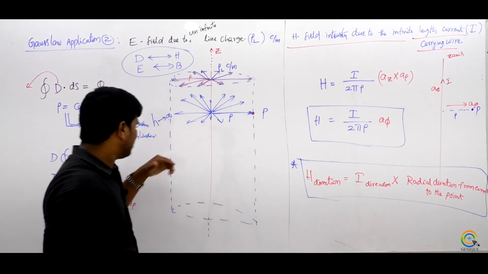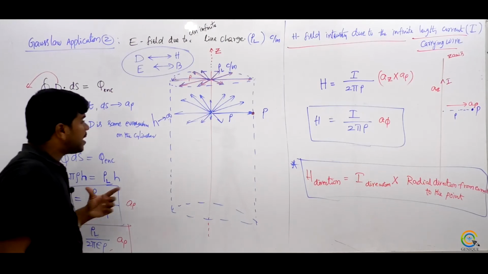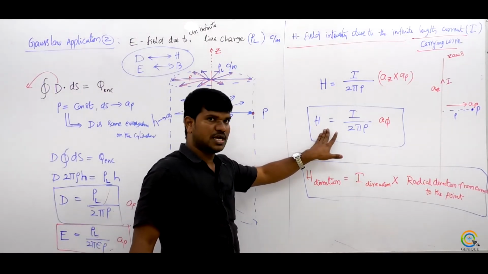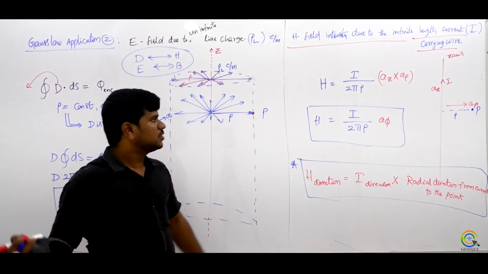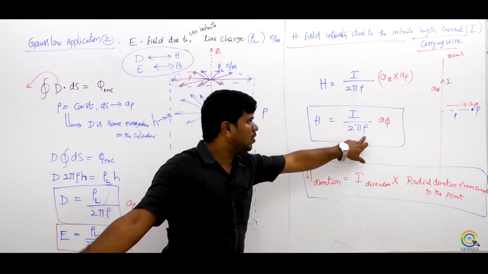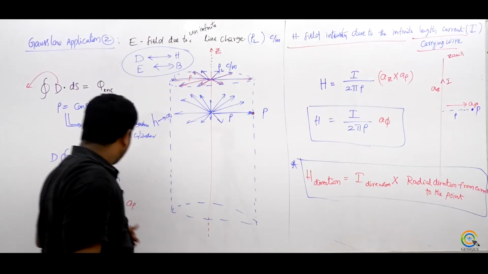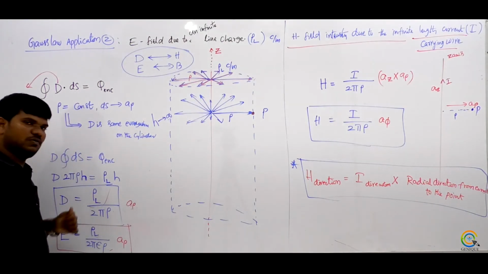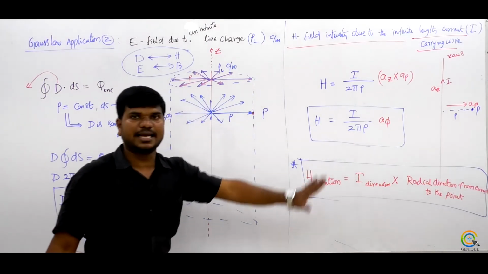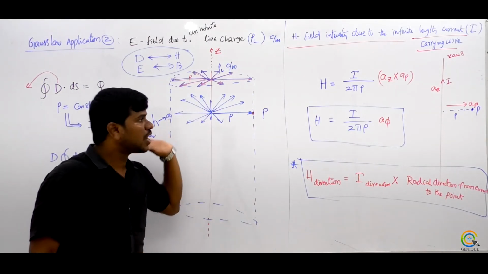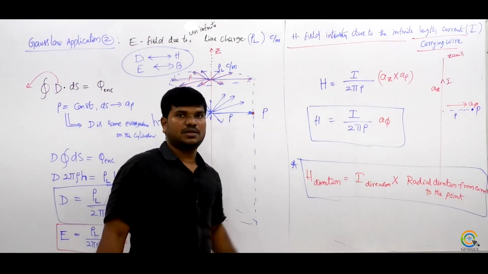In the electric field we found D first, and in the magnetic field we found H first, and there is a similarity between D and H. Here the source divided by 2 pi rho, and there also the source divided by 2 pi rho.